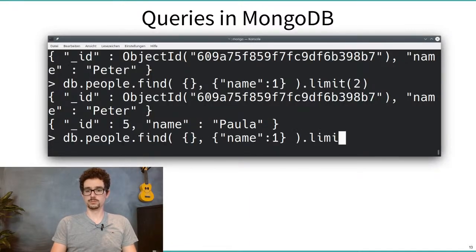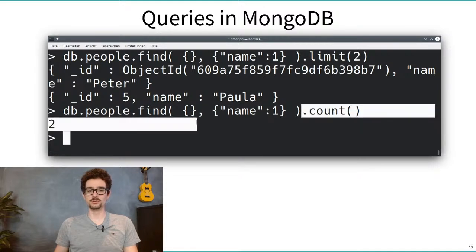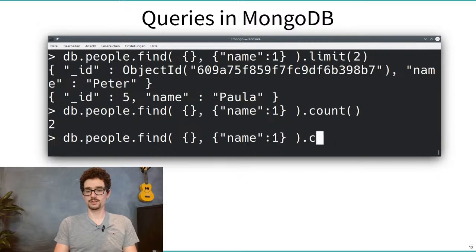It's also possible to say count, and it just shows you how many rows there are. So this is like a little pipeline, but it's very limited. After find, you can say count, you can sort, you can limit.